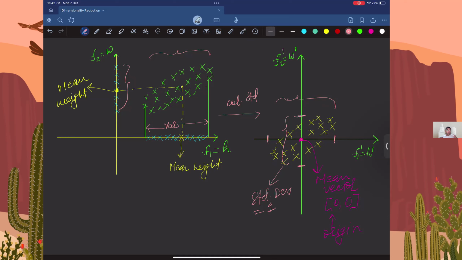So literally what I'm doing here: first step, I'm moving my mean vector to the origin. And the second is, I am either squeezing or expanding, because my standard deviation should be 1.